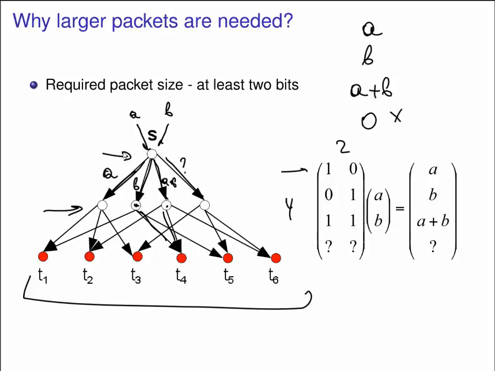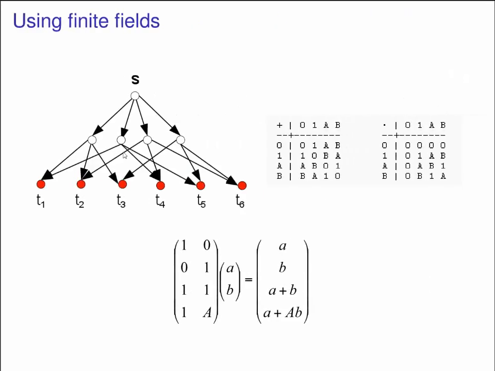So our problem is again to construct such a matrix that has 4 rows and any 2 of those rows are linearly independent, and we cannot do it because we only have 3 vectors, and any other vector that we can use for row number 4 will be linearly dependent on those. This implies that it's impossible to construct a network code for this network over a field of size 2. However, it's possible to construct a code if we use a slightly larger field.